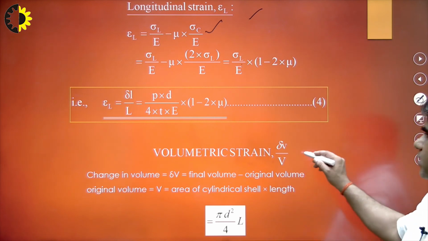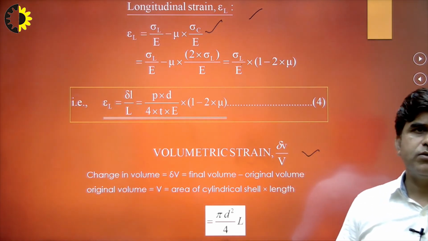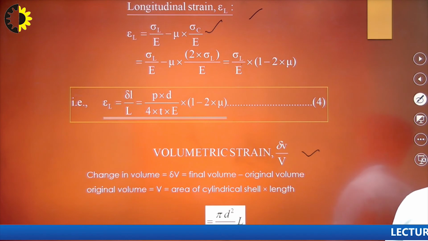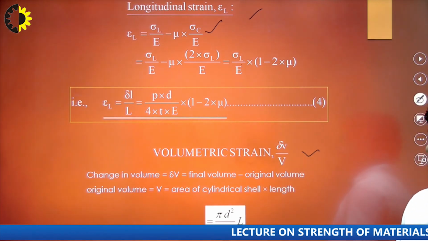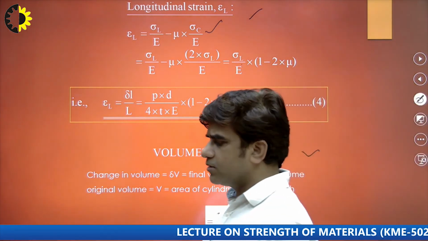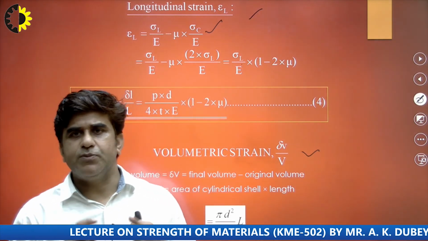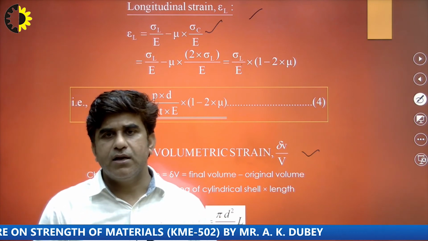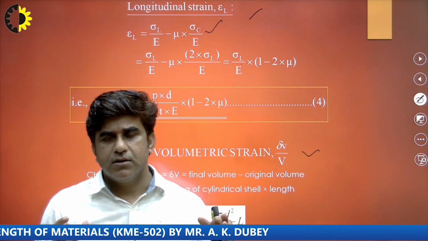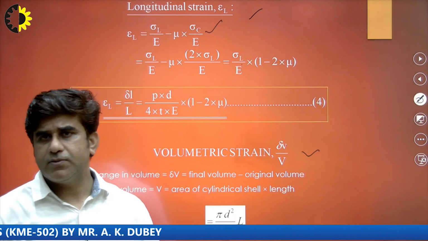Now, next is the volumetric strain. So, as we all know, volumetric strain is nothing but the ratio of change in volume to the original volume. Now, this change in volume can be calculated. If a cylinder is subjected to fluid pressure, its dia is changing and it becomes D plus del D, initial dia is D, final length is L plus del L, and del L is the change in length.